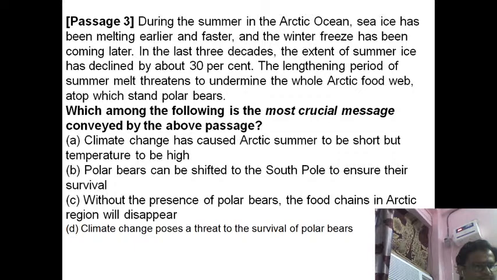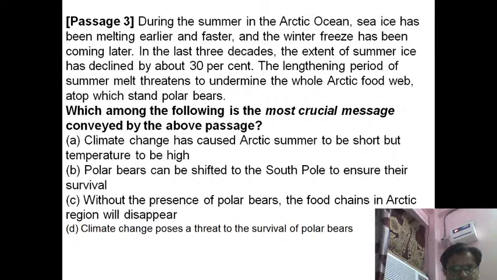As we see, the lengthening period of summer melt threatens to undermine the whole Arctic food web, atop which stand polar bears. In the last line we are getting the gist of the passage, and it has been given to us as crucial.